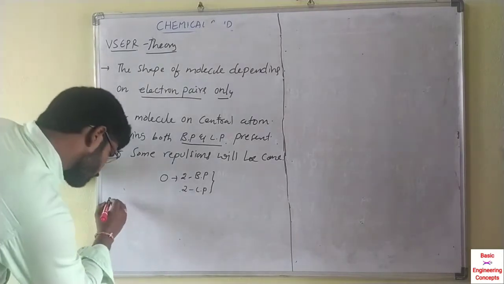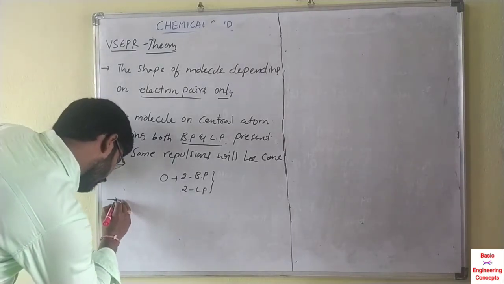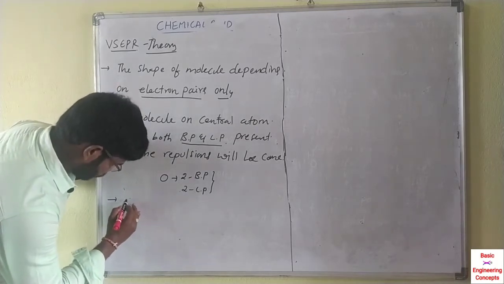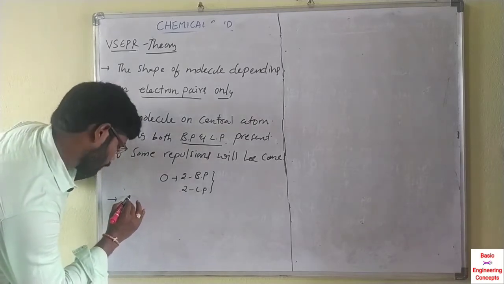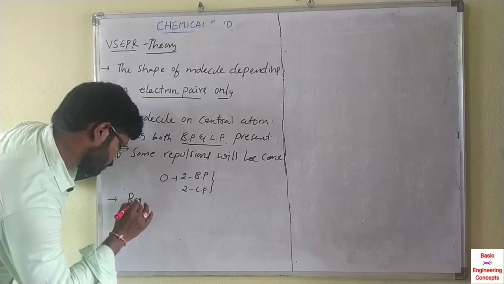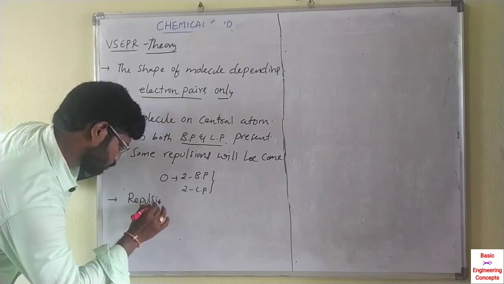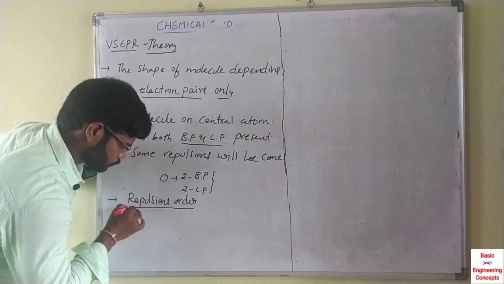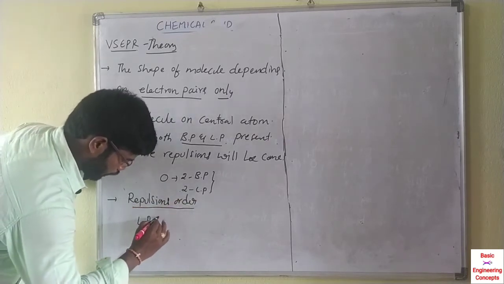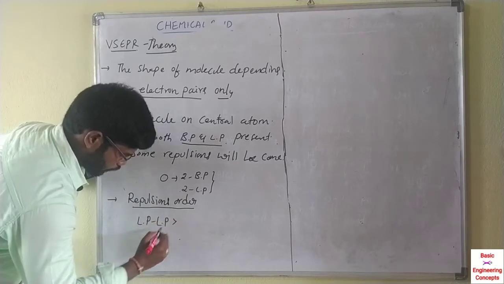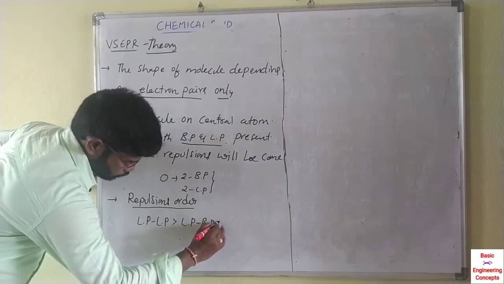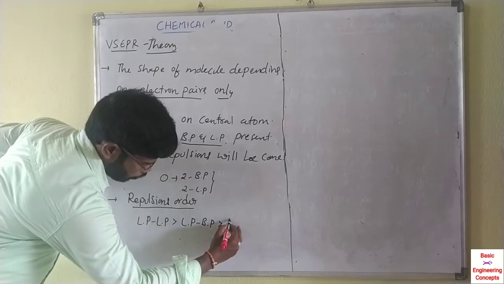So, according to this rule, the repulsion order is: lone pair-lone pair greater than lone pair-bond pair greater than bond pair-bond pair.